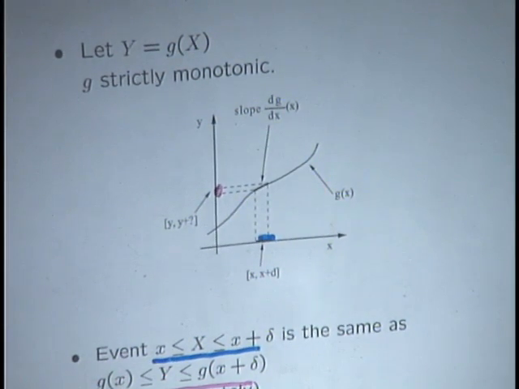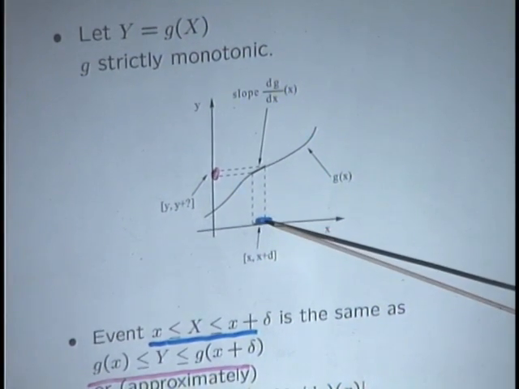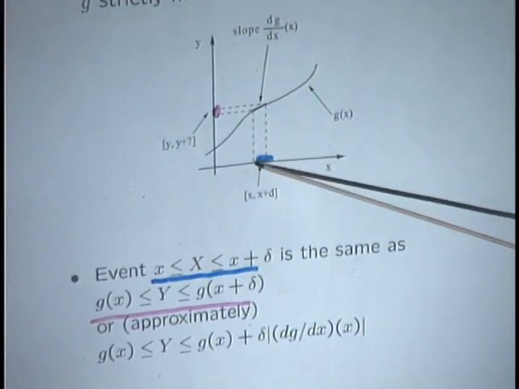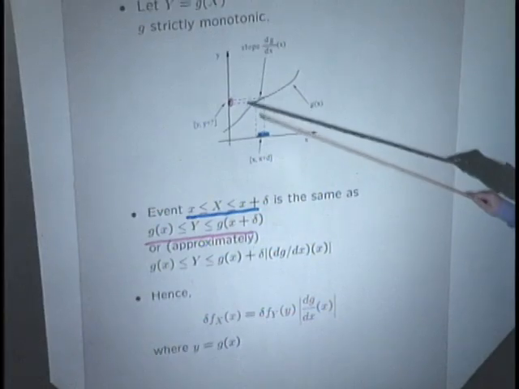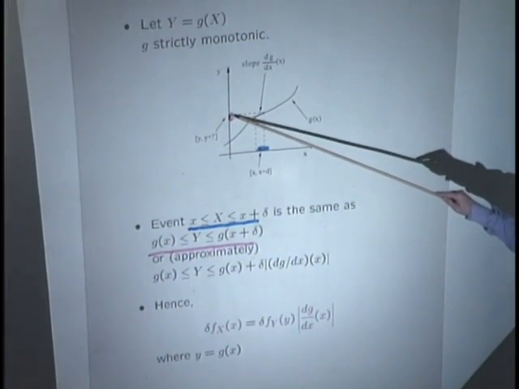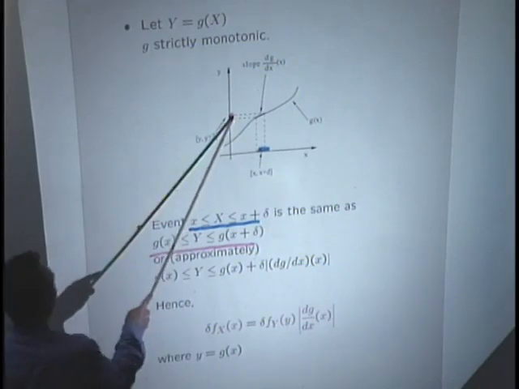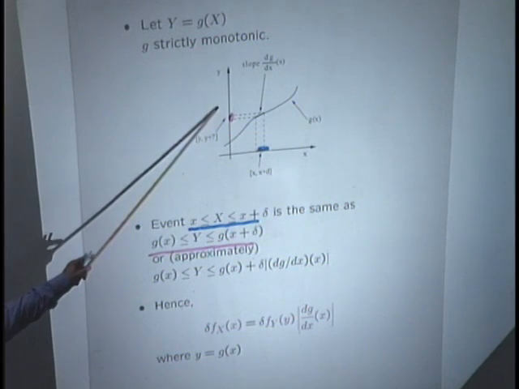And we know that probabilities of little intervals have something to do with densities. So what is the probability of this little interval? It's the density of the random variable x at this point times the length of the interval. How about the probability of that interval? It's going to be the density of the random variable y times the length of that little interval.